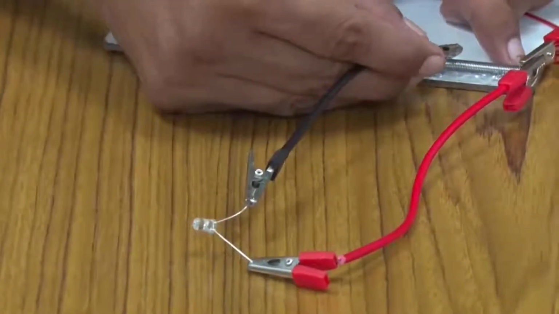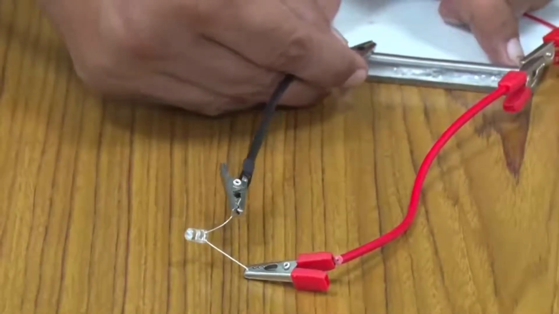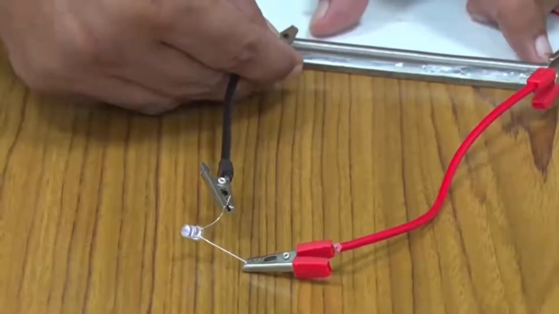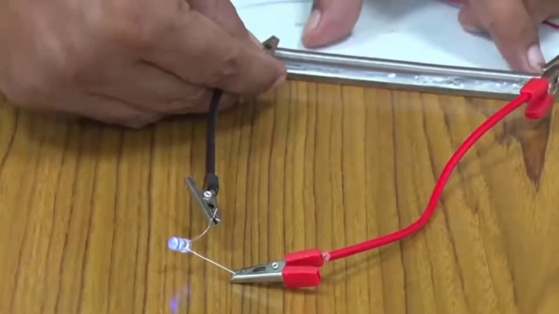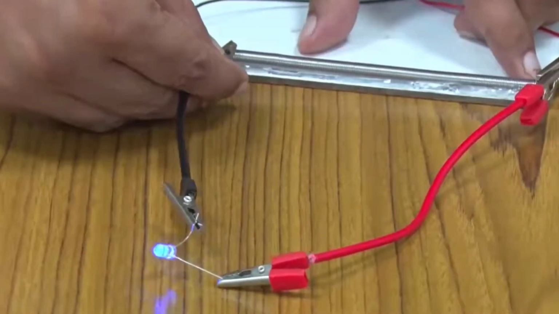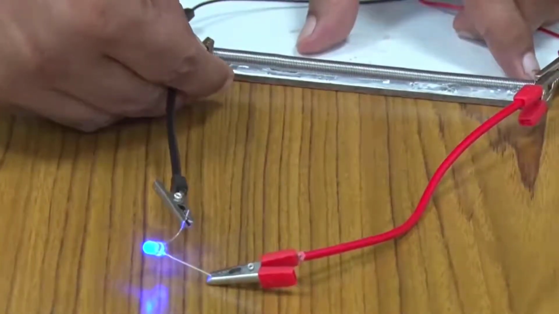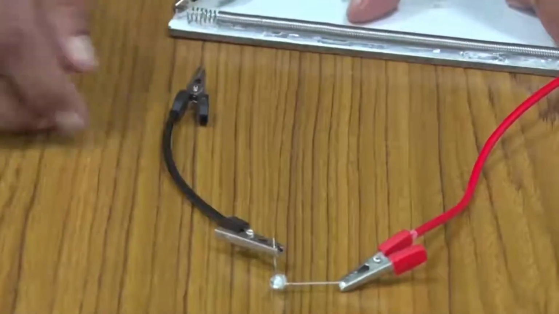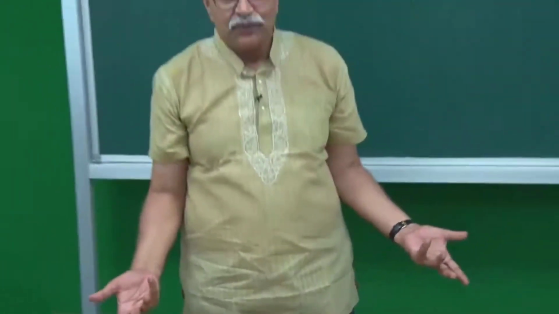So, to glow this blue LED, I have to use a much larger length of this heater coil. See, now it has started glowing a little bit, and here it is. And if I do it in reverse, it will not glow, it is a diode.